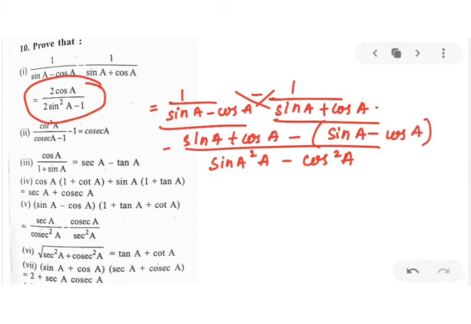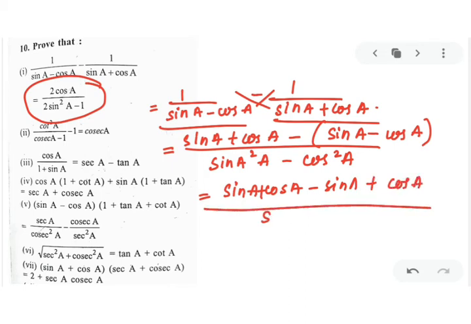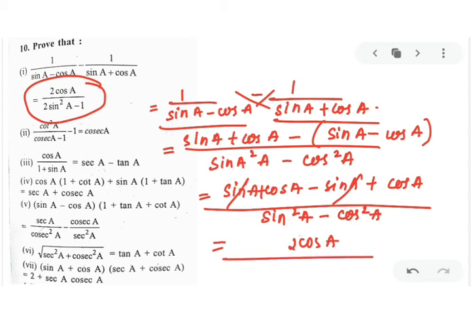Getting my point clear? Now when I open the bracket, the numerator will be sin A + cos A - sin A + cos A, and the denominator will be sin² A - cos² A. Sin A gets reduced. Your answer will be 2 cos A upon sin² A - cos² A.